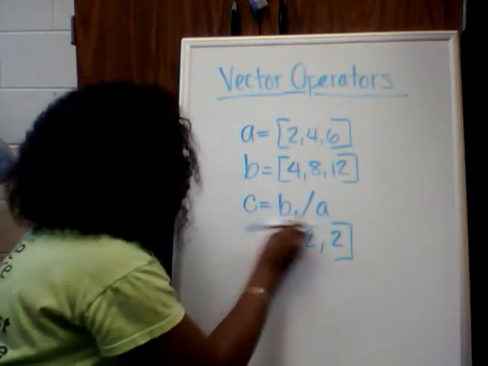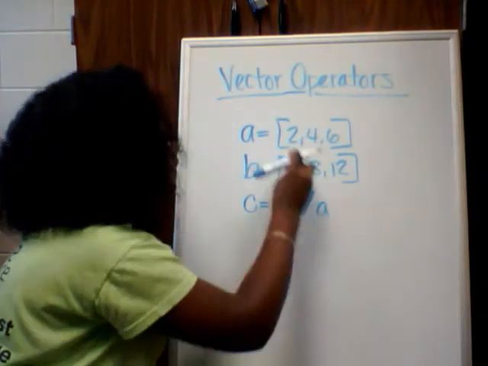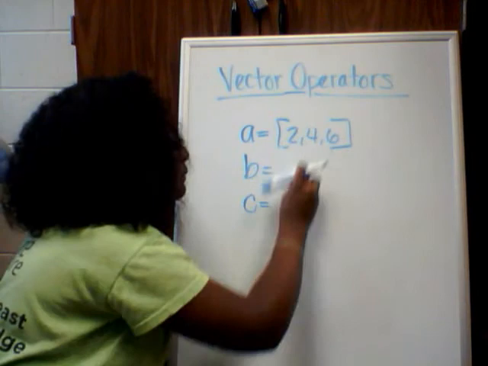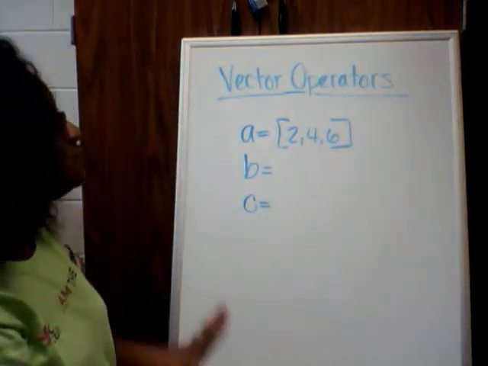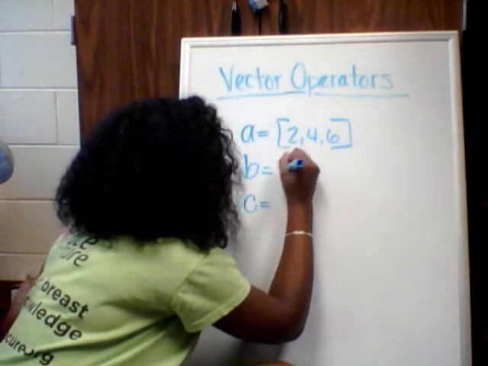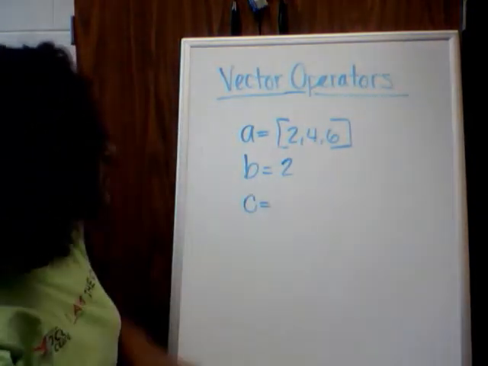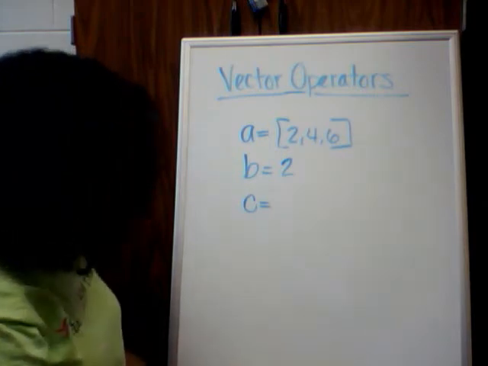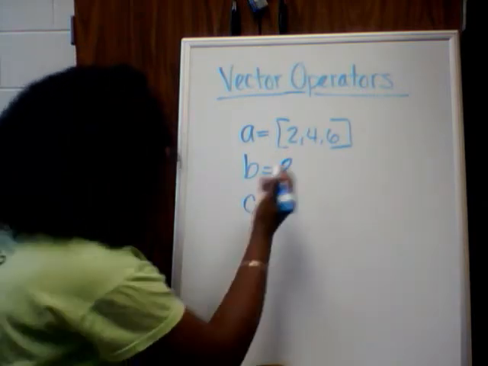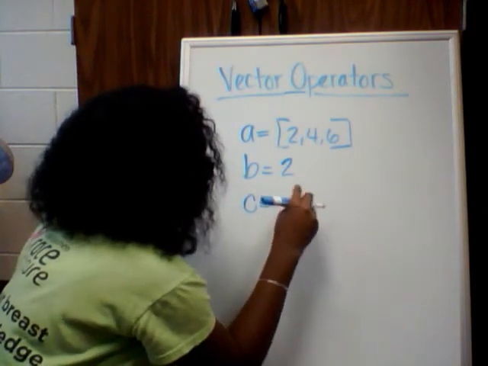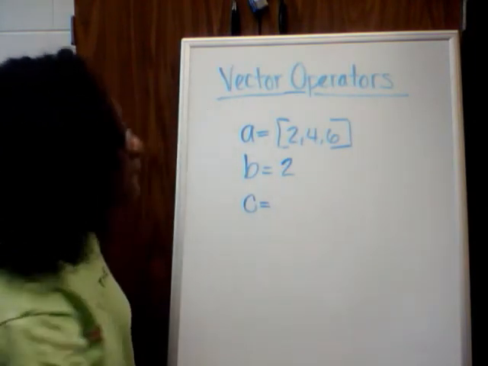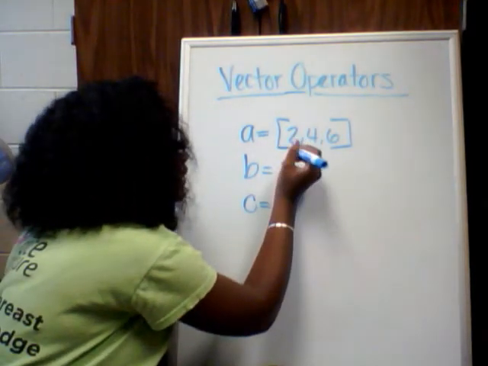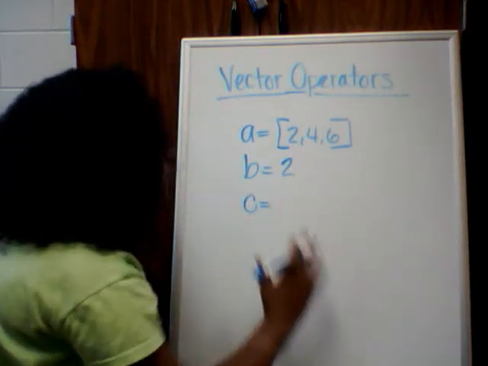And the same is true when you want to use a scalar. So if I wanted B by itself to be 2, which is a single value, I also have to remember to put the period in front of the division sign, just out of habit, so later on I won't forget when I do two vectors together.